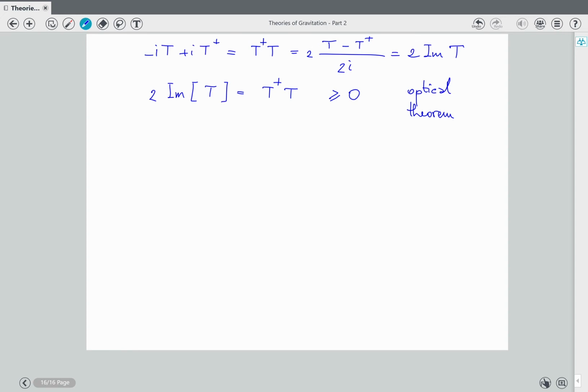We have already checked that the Feynman prescription for the propagator satisfies the optical theorem. That means that you put an i epsilon here, and then you can take the vertex you want, minus i lambda.